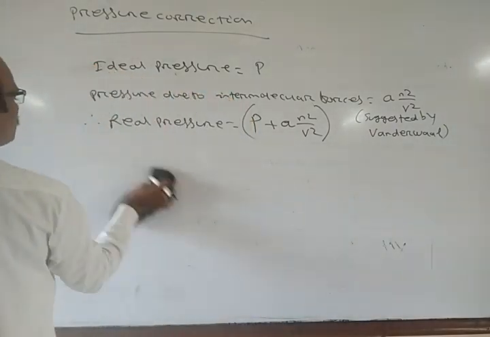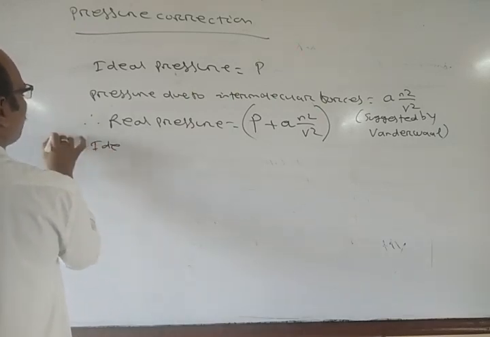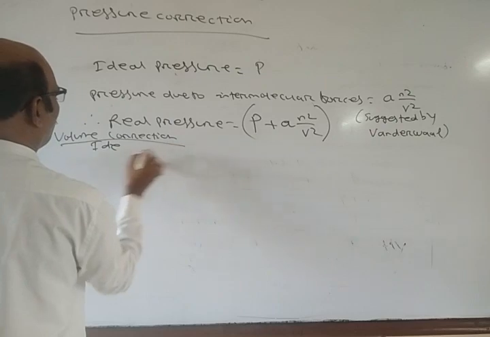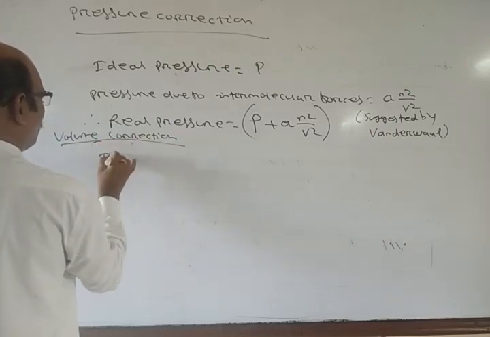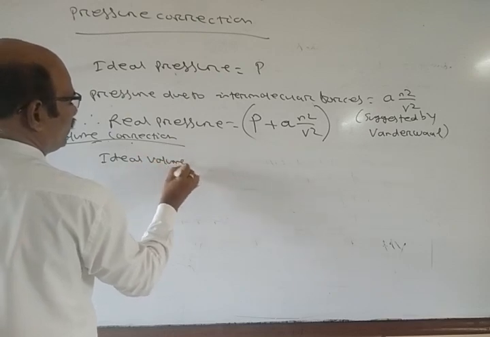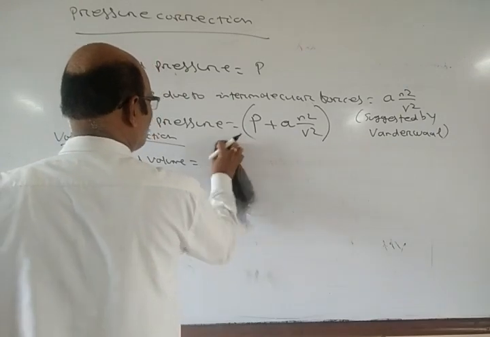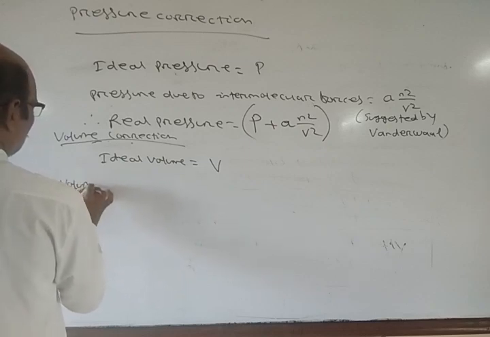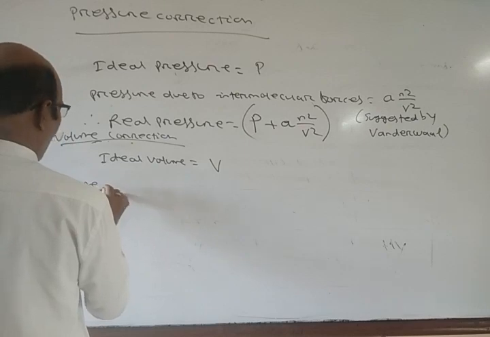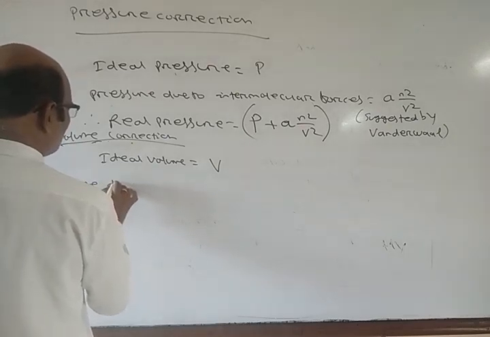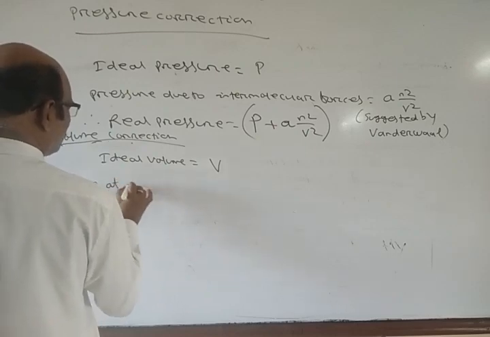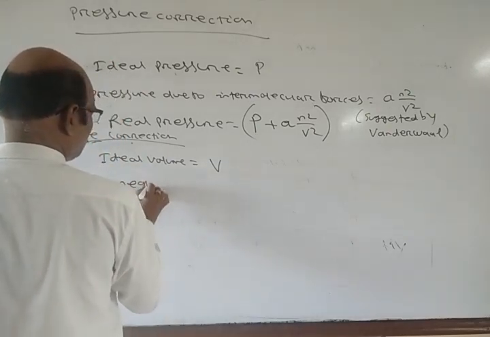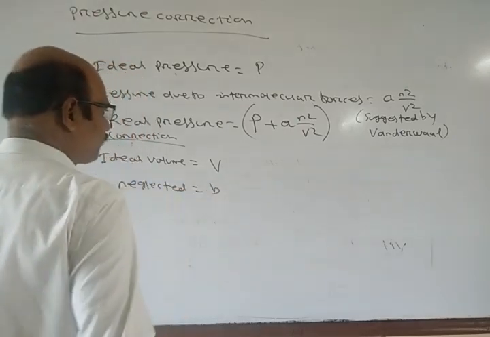Similarly, the ideal volume is V, and the volume neglected is nb.